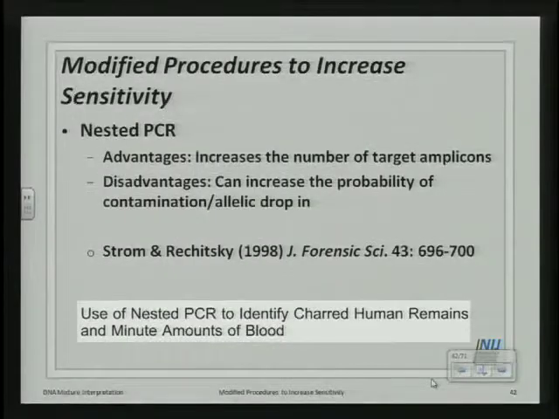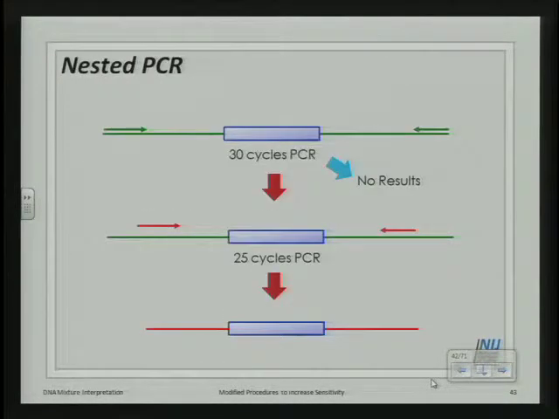Nested PCR, this is not really used. This is just more of an academic process. But the advantage is that you can, again, increase the number of target amplicons, but you also can increase your probability of contamination. So basically the process of nested PCR is that you would do 30 cycles of PCR, and if you take that 30 cycles and put it on a capillary, you get no result.